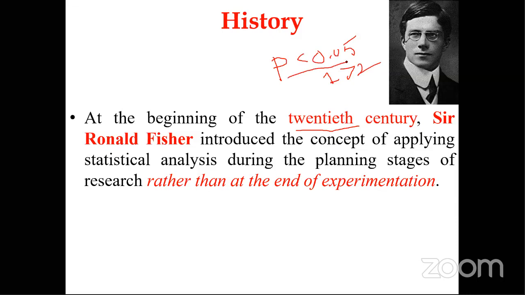They apply statistics at the end of the experimentation, but if you could apply the statistics at the beginning of the experimentation, the products and the experimentation you get will be more reliable than applying it at the end. That is the opinion of Sir Ronald Fisher.